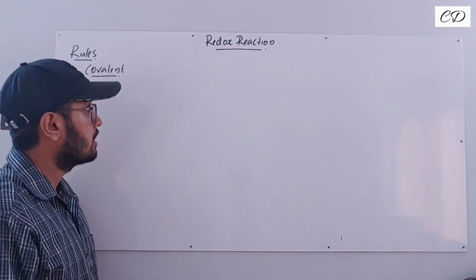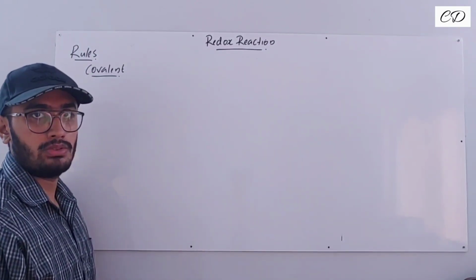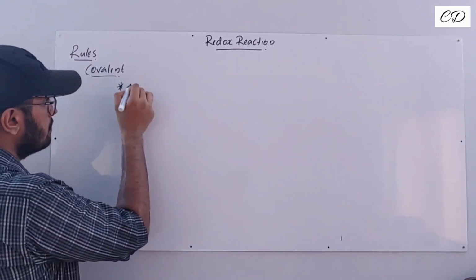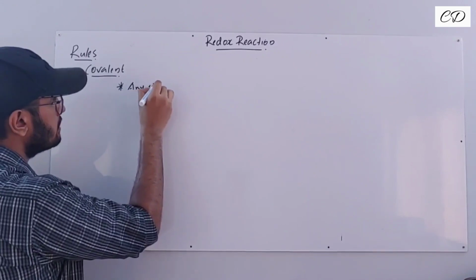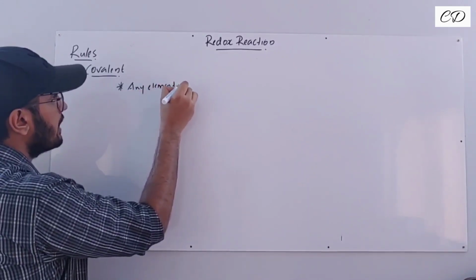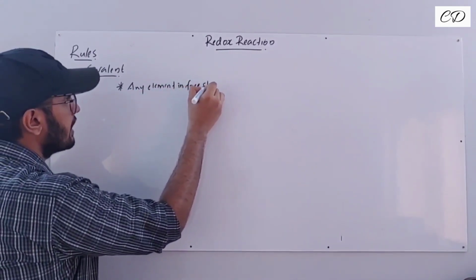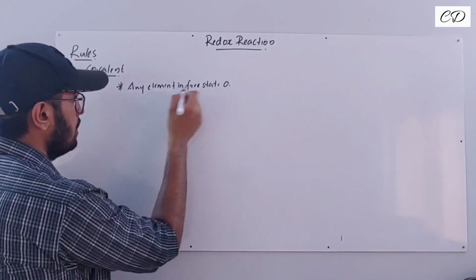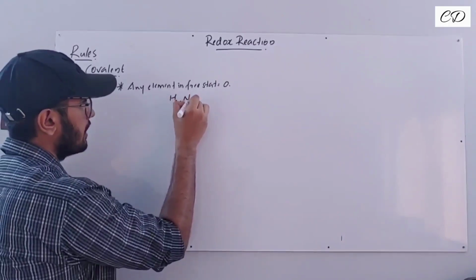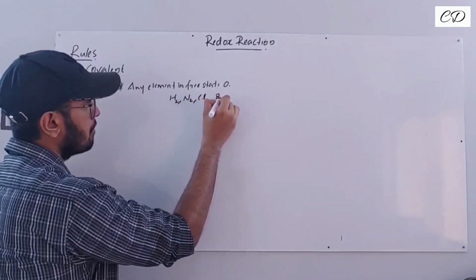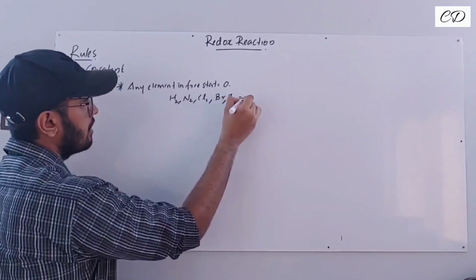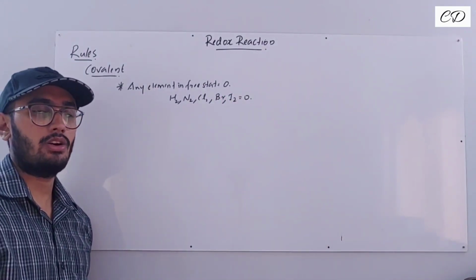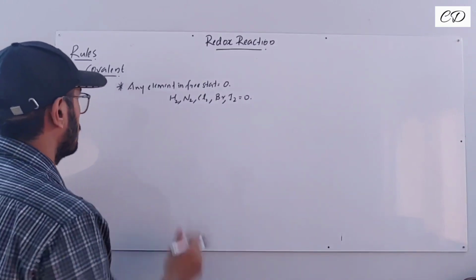Now we can deal with the rules for covalent compounds. The first rule is, any element in its free state has oxidation number equal to 0. Examples: hydrogen, nitrogen, chlorine, bromine, iodine, all in their elemental state, so their oxidation number is 0.